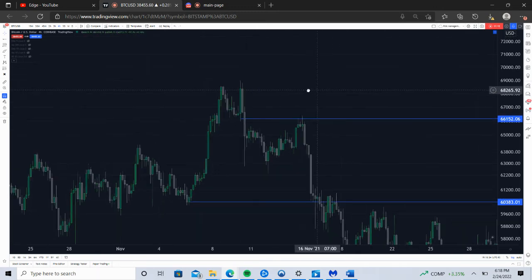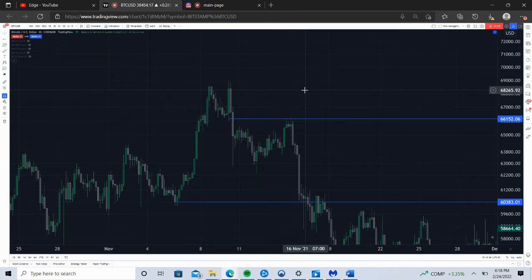So if price were to run back above 69,000 and then slammed back down, well then you don't necessarily have that formation starting, but you sort of have the etchings of it, right? So if that were to happen, then you want to be on guard.